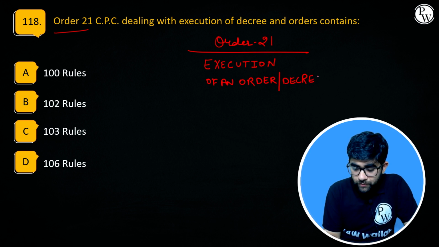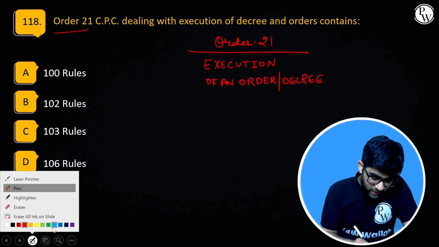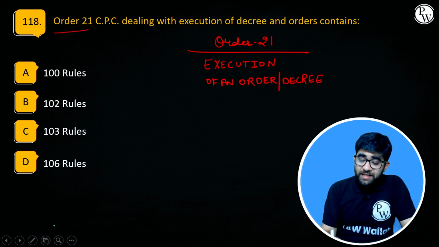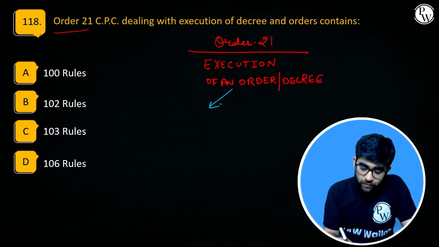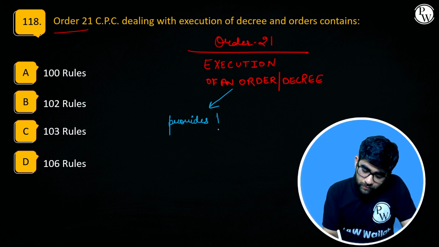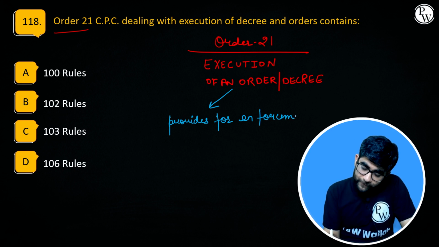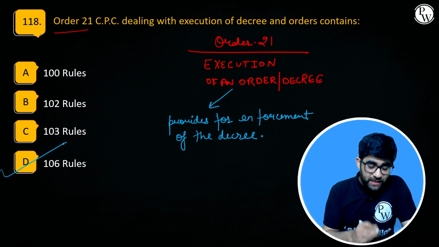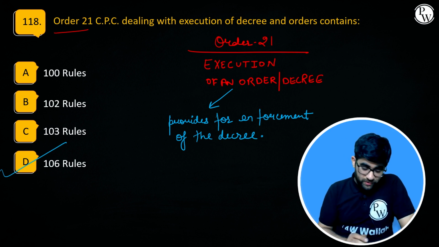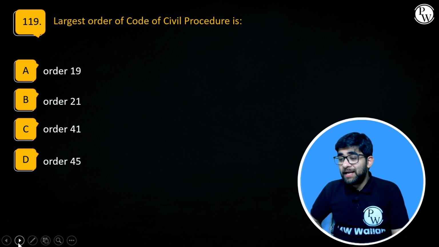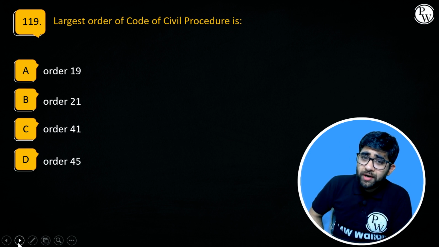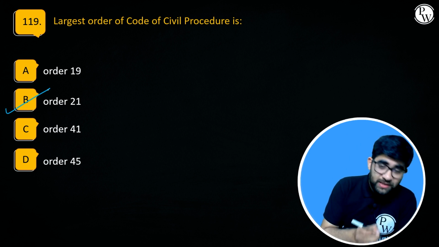Alright, so next, Order 21 dealing with the execution of, now it provides for enforcement of the decree. It has 106 rules. Next, 119. Largest order of the Code of Civil Procedure is Order 21. This is all famous, you know that.